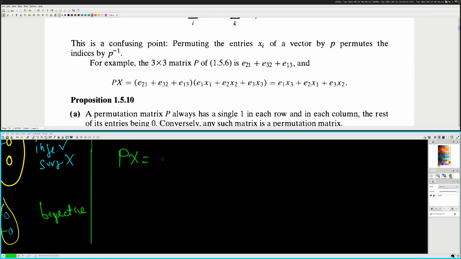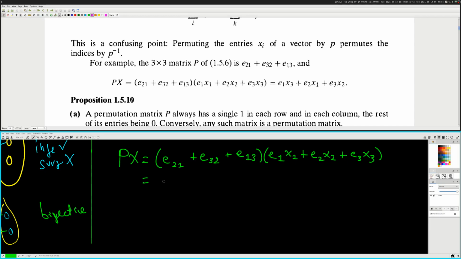So Px is equal to (e21 plus e32 plus e13) times (e1x1 plus e2x2 plus e3x3).